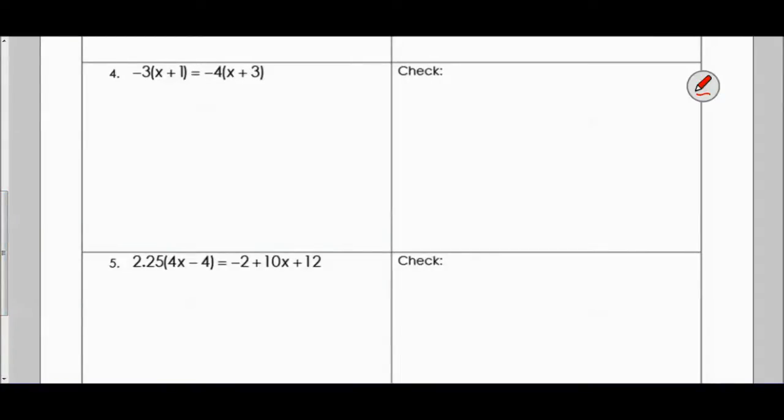Here we have a number outside the parentheses on both sides, so we have to distribute onto both sides. One of the really common mistakes here is that you show those arrows for distributing, and then maybe you actually don't do it onto the second number. Make sure you know that those mean that we're multiplying on both sides.